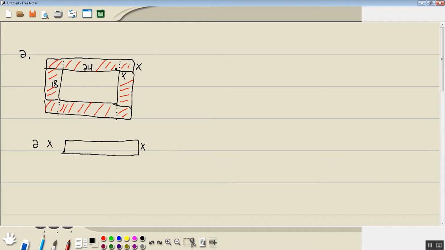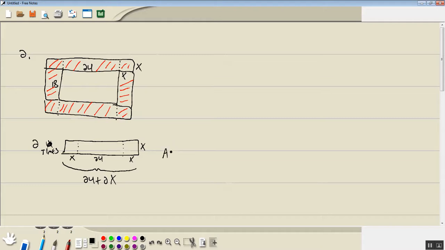Now if this distance is 24 and this distance is x and this distance is x, then this distance will be, and I shouldn't put an x there, I should put 2 times this. But this x is x, this is x, and this is 24. So this total distance here is going to be 24 plus 2x.